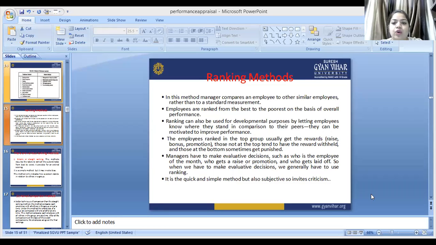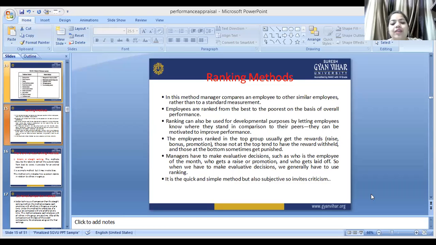Let's understand what a ranking method is and how we can use it for the performance appraisal of employees. In this ranking method, the manager compares each employee with other employees rather than using a standard measurement.